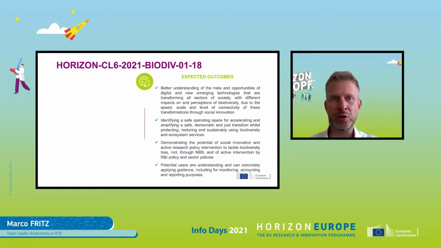Further outcomes should be to demonstrate the potential of social innovation and active research policy interventions to tackle biodiversity loss, including through nature-based solutions, and of active intervention by research and innovation policy and sector policies. And finally, potential users would understand and concretely apply guidance, including for monitoring, accounting and reporting purposes.